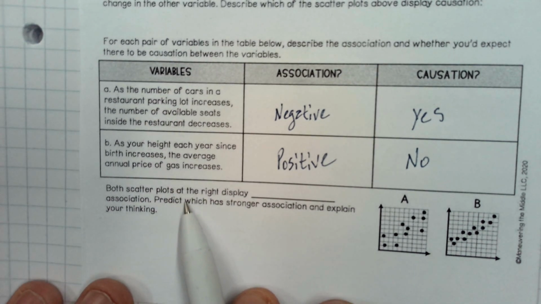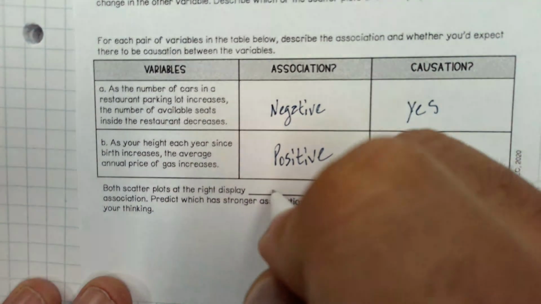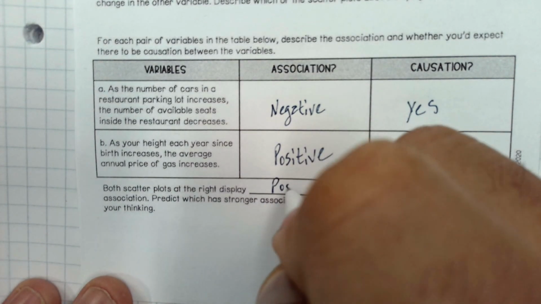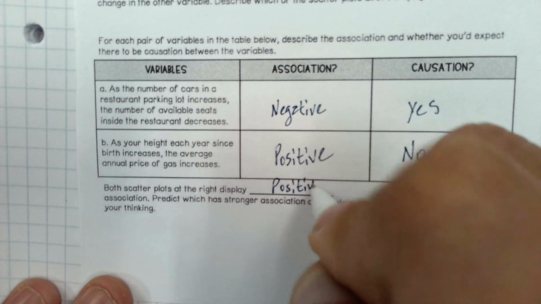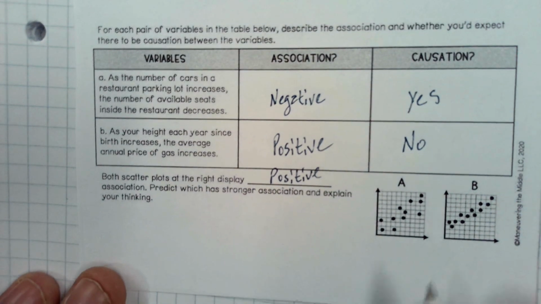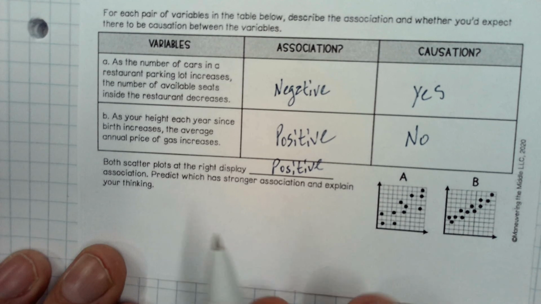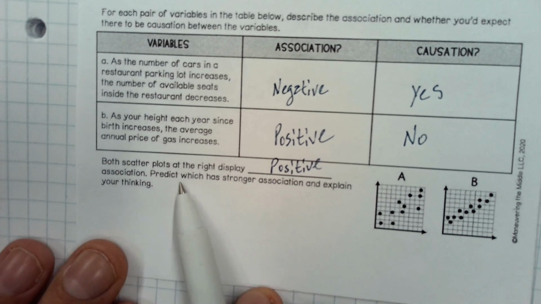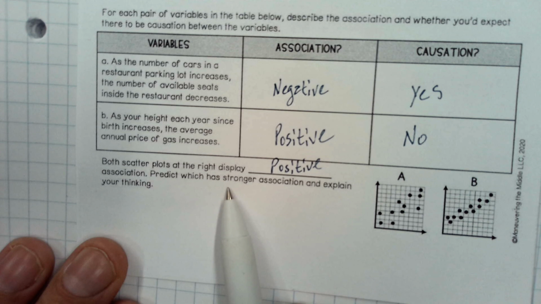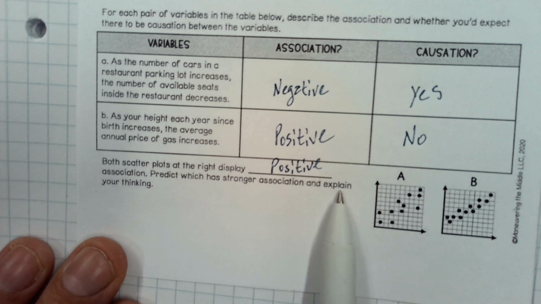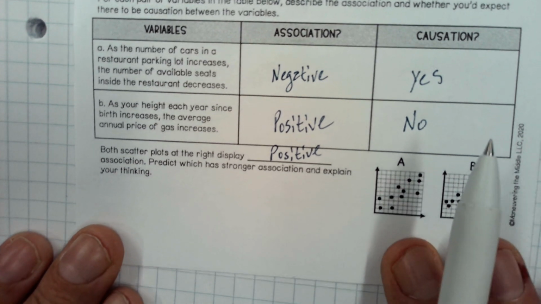So both scatter plots at the right display positive association. If you notice, the trend is upwards. Okay, we haven't talked about it, but predict which has stronger association and explain your thinking.